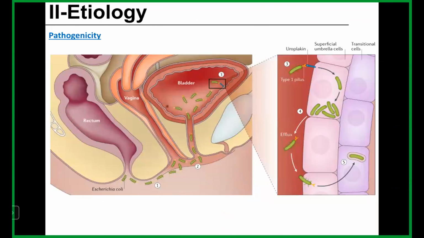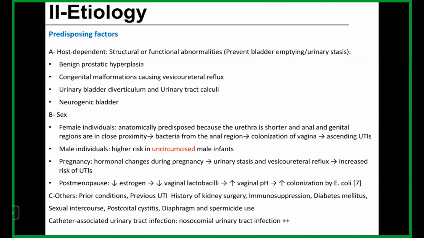I think we can move on. The predisposing factors: we have 3 types. First is host dependent. It could be a structural or functional abnormality. A patient with abnormality from birth has a high risk of infection. Or it could be a new abnormality.